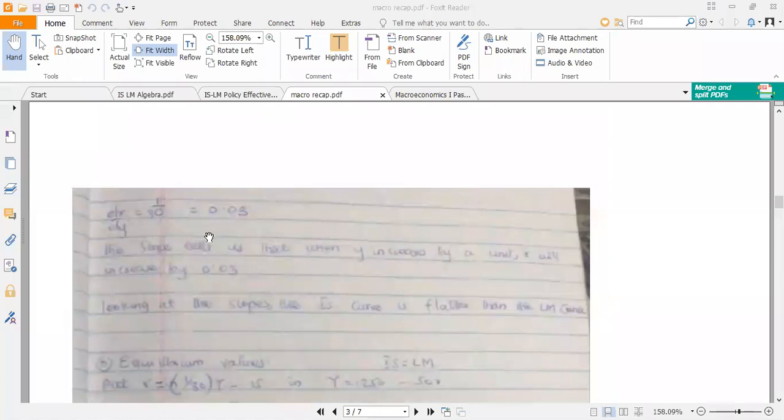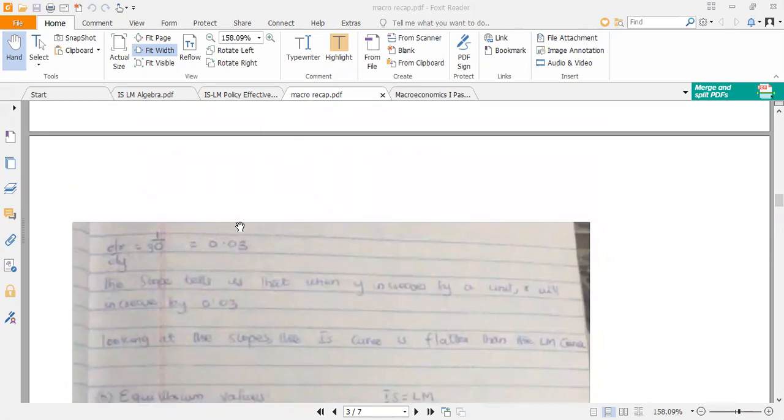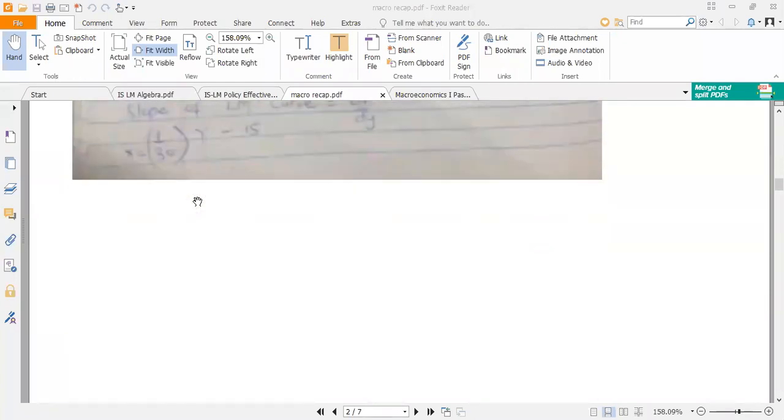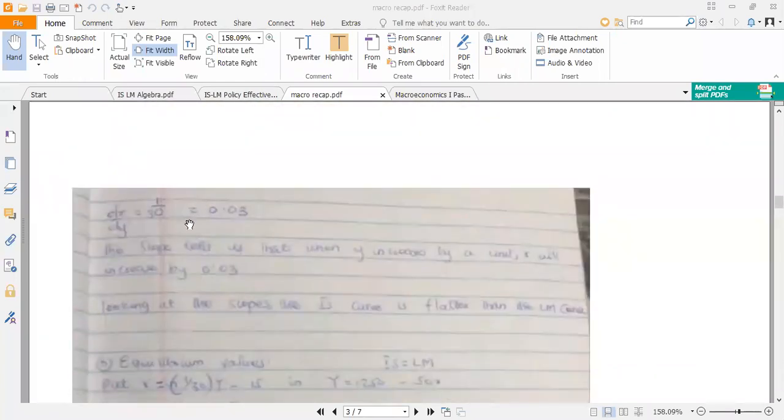So when we check the two, the curve becomes steeper the higher the value of the slope. Okay, so if you compare these two, that of the IS was minus 0.02, and this one is less than that of the LM.